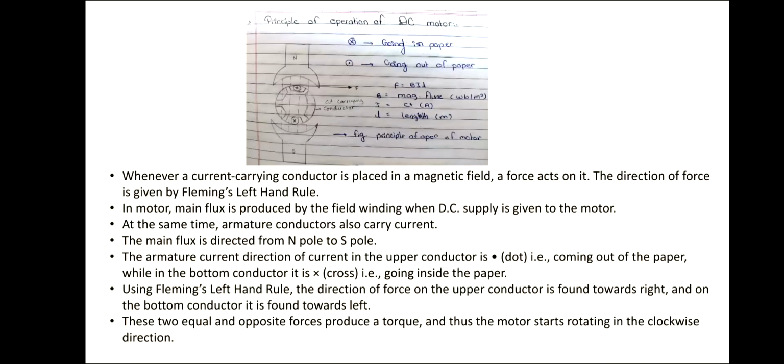By using Fleming's left hand rule, the direction of force on the upper conductor is found towards right, and on the bottom conductor it is found towards left. Then these two equal and opposite forces produce a torque, and thus the motor starts rotating in clockwise direction. This was the simple principle of operation of DC motor.